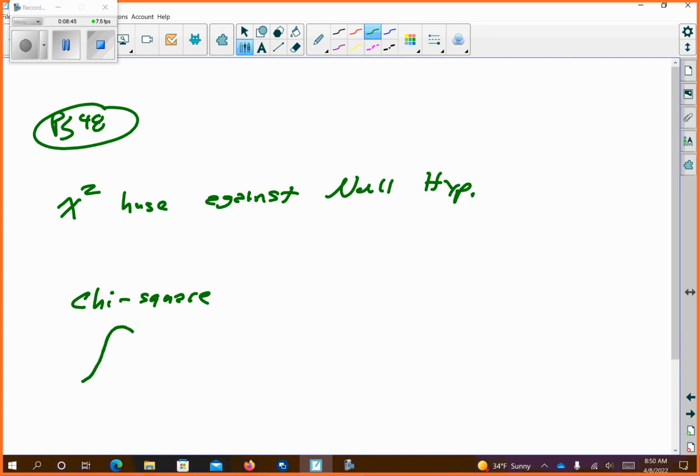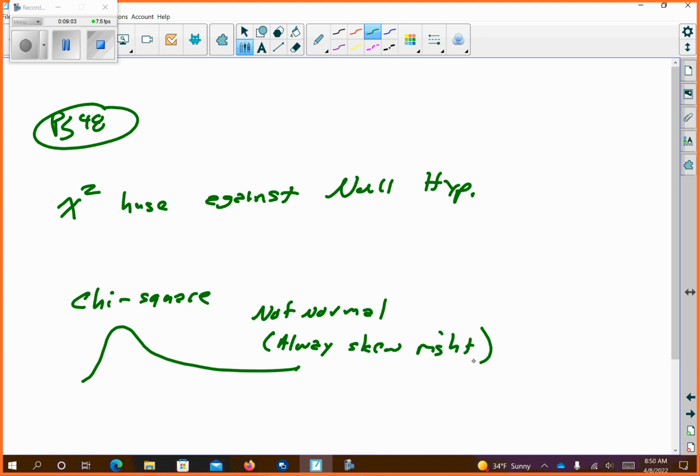It's not a normal curve. It might appear to be normal, but it is always skew right, meaning you have a longer tail to the right than to the left. Always skew right. Okay, so that's kind of a big thing.